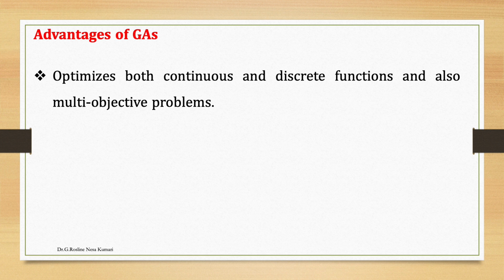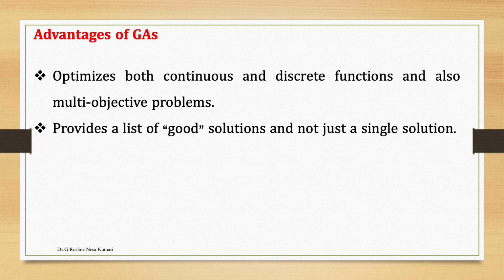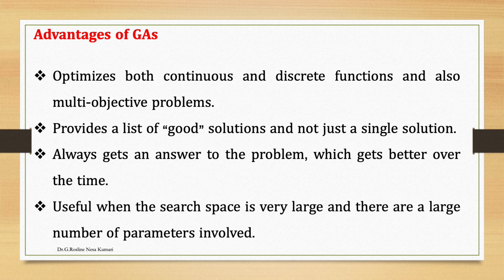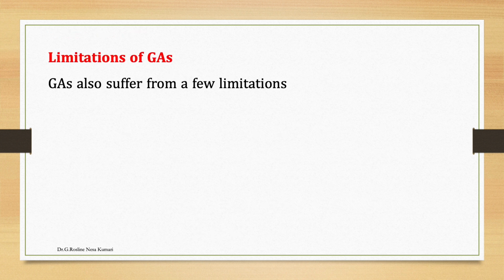It optimizes both continuous and discrete functions and also multi-objective problems. It provides a list of good solutions and not just a single solution. It always gets an answer to the problem, which gets better over time. It is useful when the search space is very large and a large number of parameters are involved.